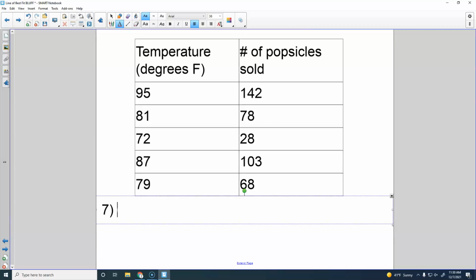Alright. We're going to get 2 questions in real quick. Meaning of slope. Go.